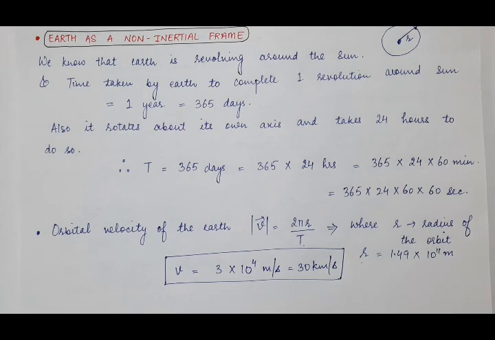Then what about centripetal acceleration? Because we know that Earth is in rotational motion about its axis, and also it is revolving around the Sun. So because of its rotational motion around the Sun, there will be centripetal force acting on it. And what will be the centripetal acceleration?